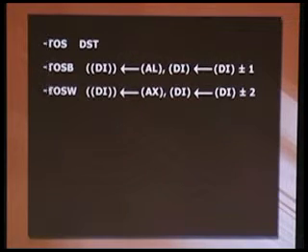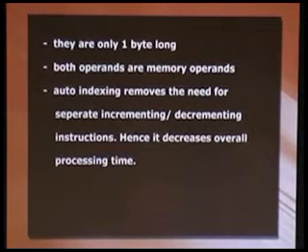Flags are not affected. Now let us see the advantages of MOVS and CMPS instructions over the conventional MOV and CMP instructions. The conventional MOV and CMP instructions are applicable only for one operand, whereas MOVS and CMPS are applicable to string oriented instructions.